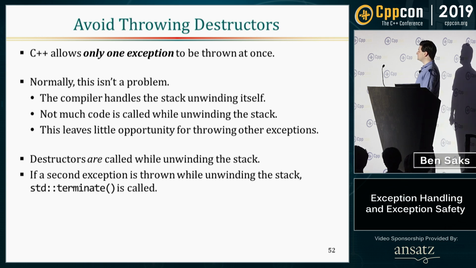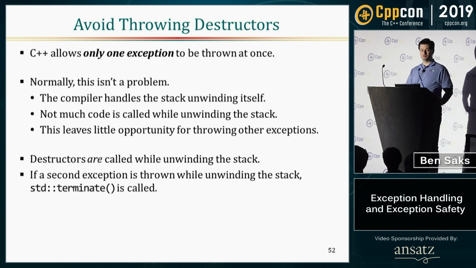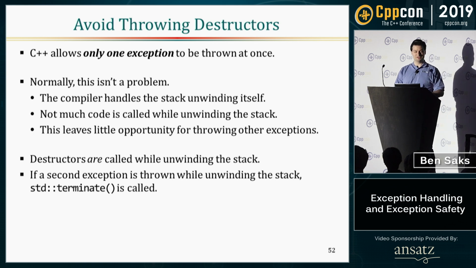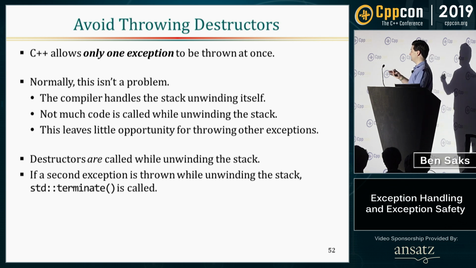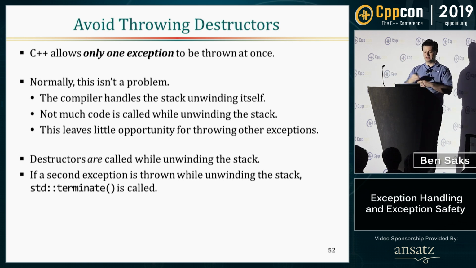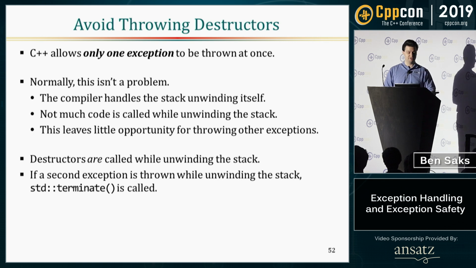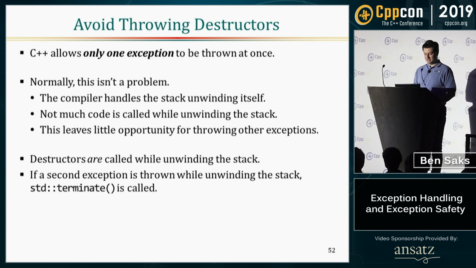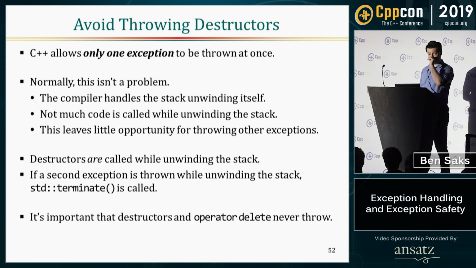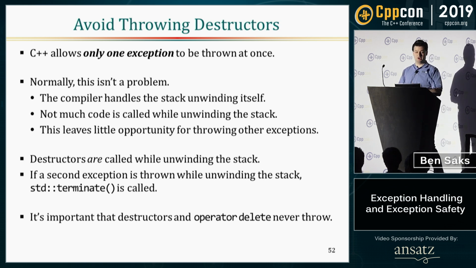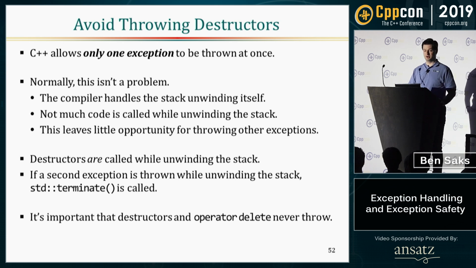But destructors are code that you do write that can be called as a response to throwing an exception and unwinding the stack. And if that happens, if a second exception is thrown while a first exception is already being thrown, we immediately call std::terminate and the program ends. And we don't want to do that. So it's really important that destructors, as well as operator delete, which is often called in destructors, don't throw.